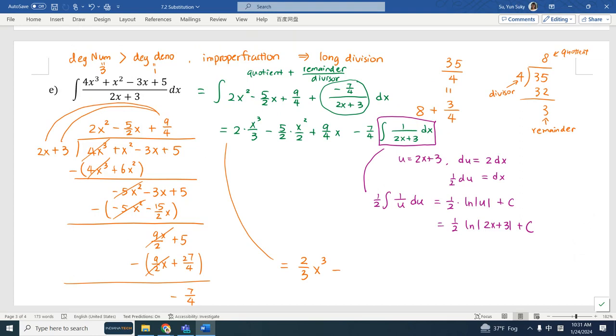What do you get? 5 over 4 x squared plus 9 over 4 x. Now minus 7 over 4 times 1/2 is 7 over 8.